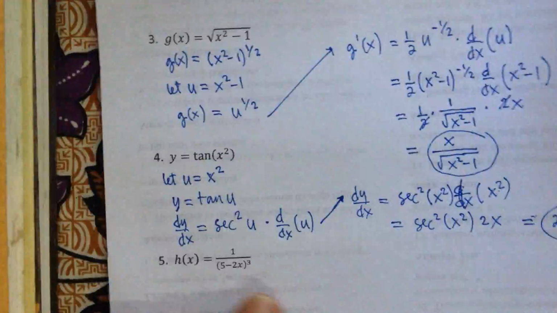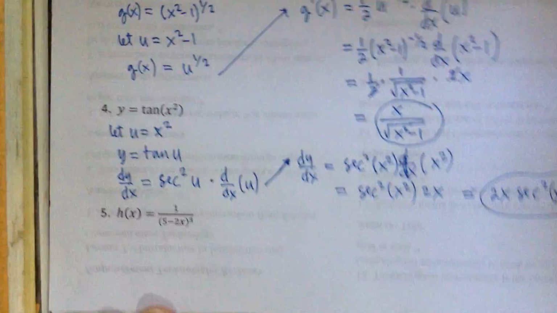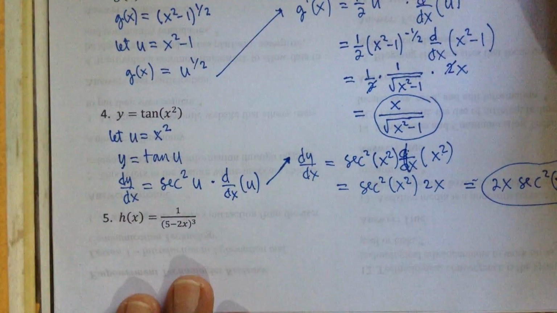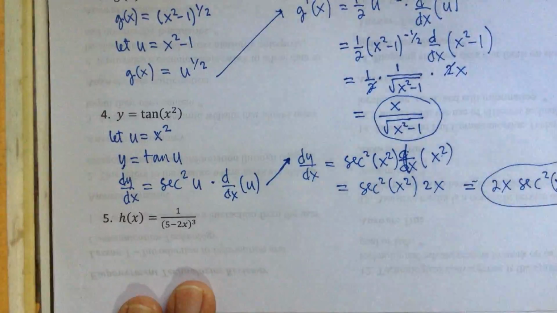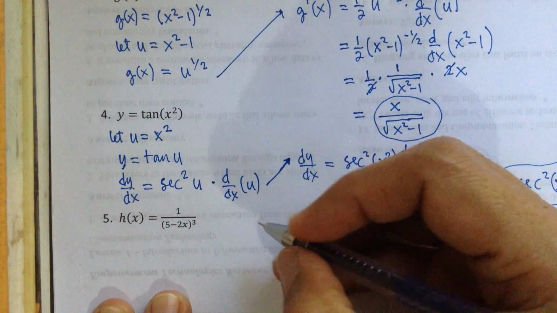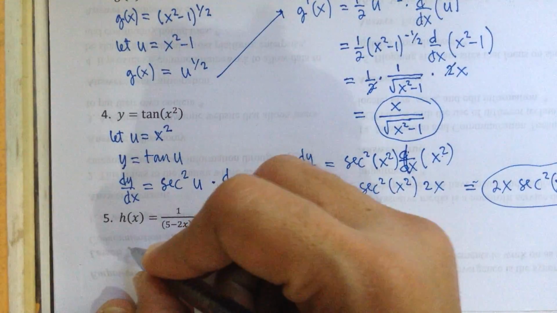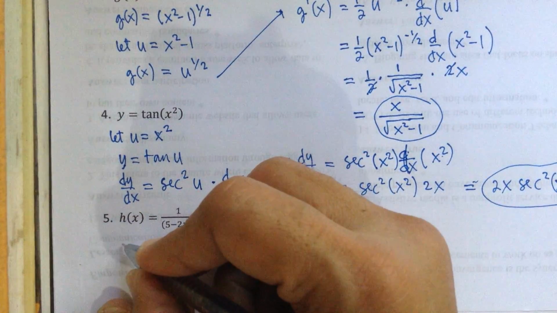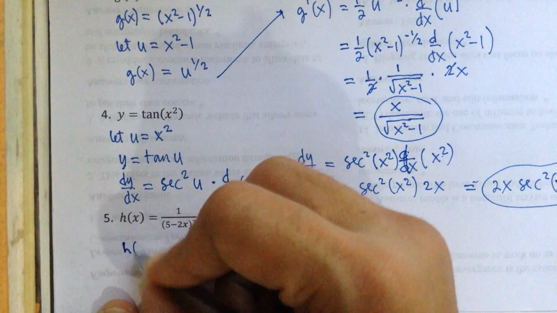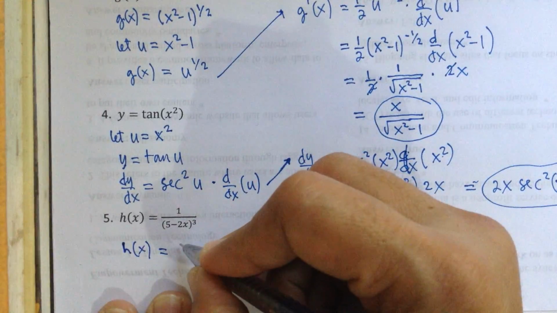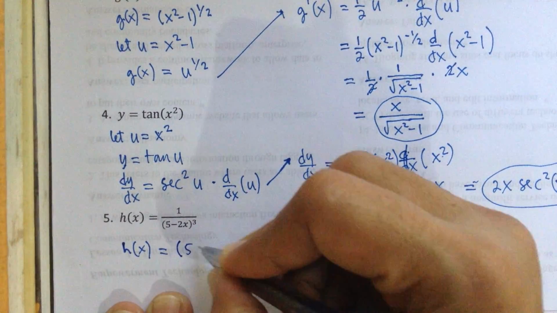Okay. And last, what about the derivative of h of x equals 1 over 5 minus 2x cubed? I think it is important to write this in the form where we can easily compute the derivative.